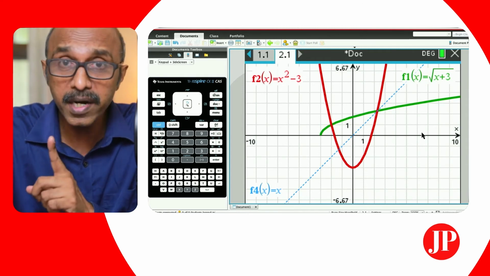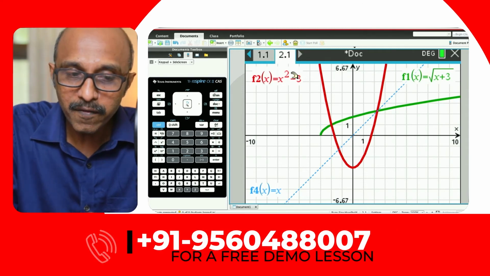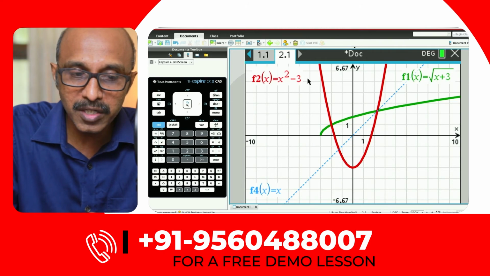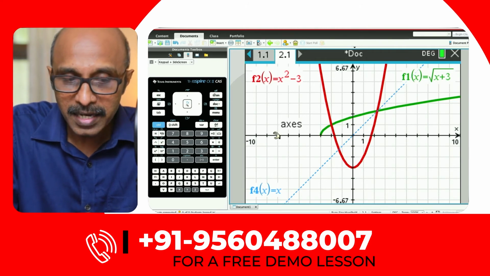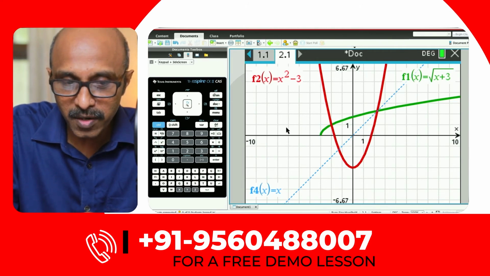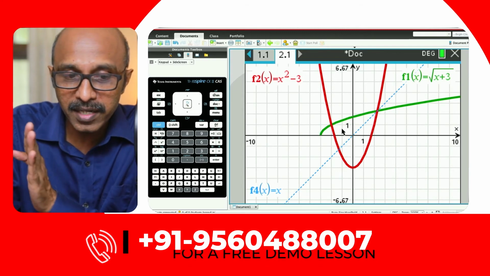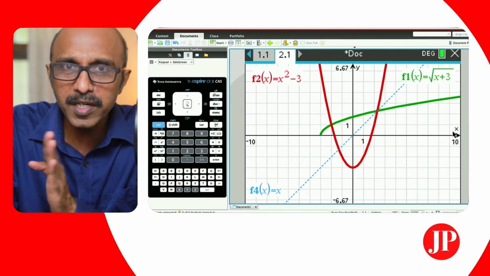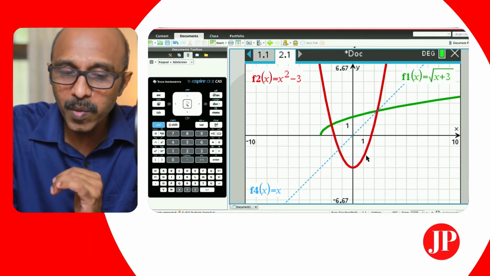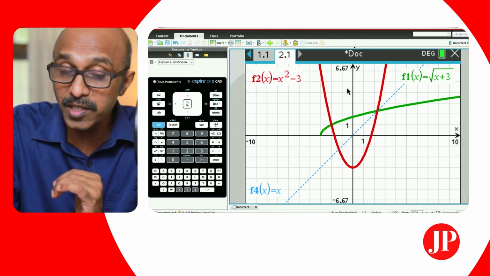But the domain for the inverse function, x squared minus 3, the red graph, is actually from negative infinity to infinity. When you go along the x-axis from left to right, that includes negative infinity to infinity. The range, however, is from negative 3 to infinity. That's okay.